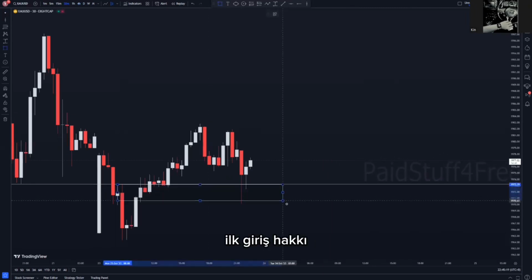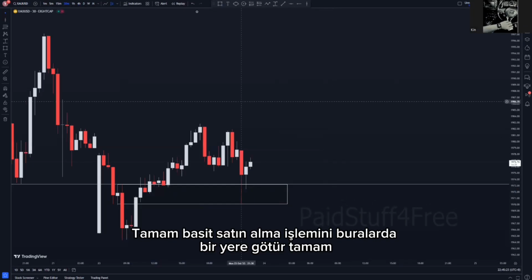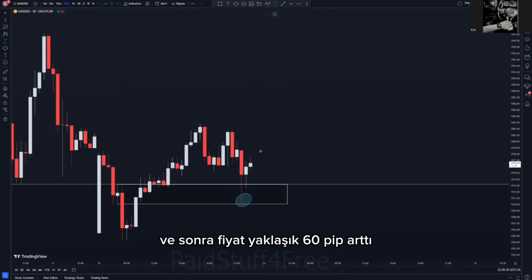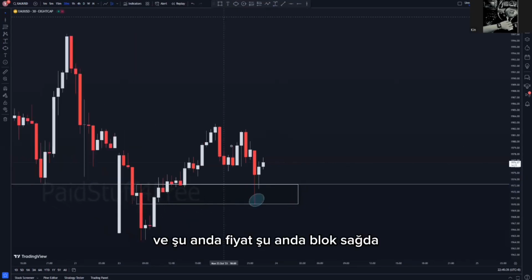First entry, right? Okay, simple. Take the buy somewhere around here. Okay, and then the price went up for about 60 pips. Sheesh. And right now the price is currently at the roadblock, right?